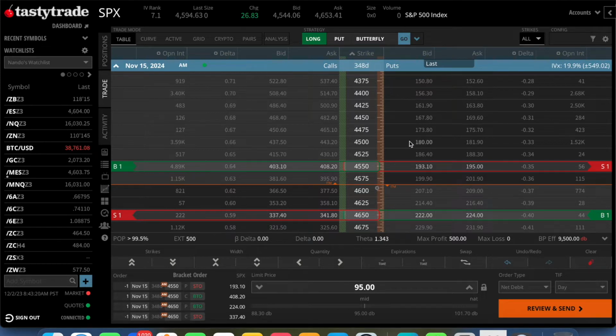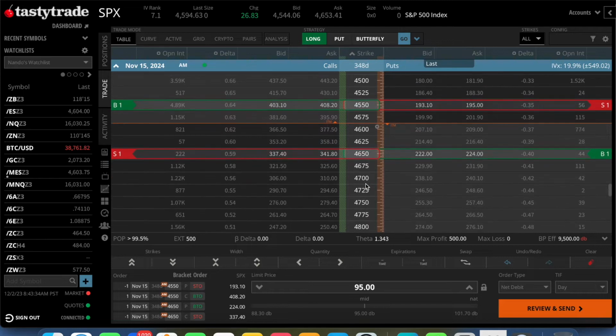Notice that anywhere below the strike of 45.50, these will make full value. The put vertical will make full value, so you'll end up with 10,000 minus your cost of the trade. If we go to the other side, and let's say we close above 46.50, all right, the put vertical expires worthless, and the call vertical will expire at full value.